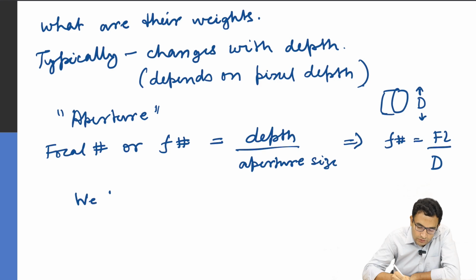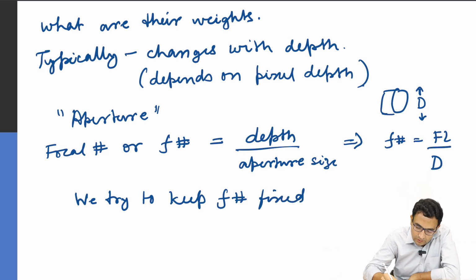So what we do is we try to keep the F number fixed throughout the image. As we go through the different pixels and do beam forming for all those pixels, we try to keep the F number fixed.